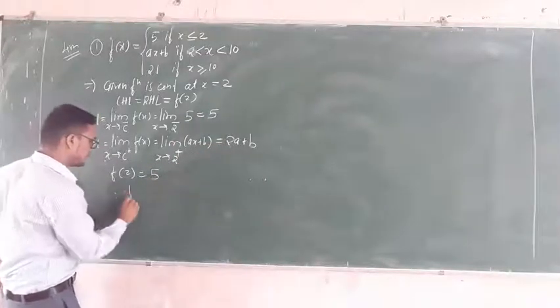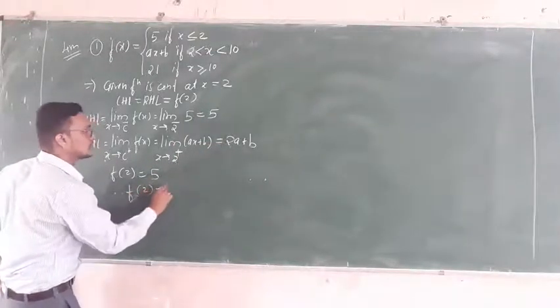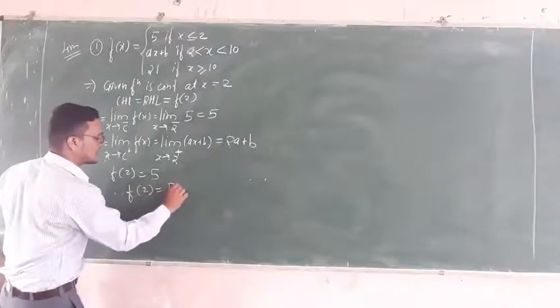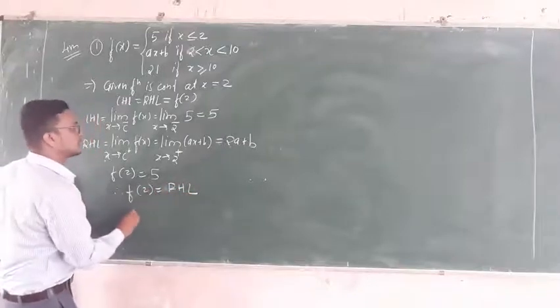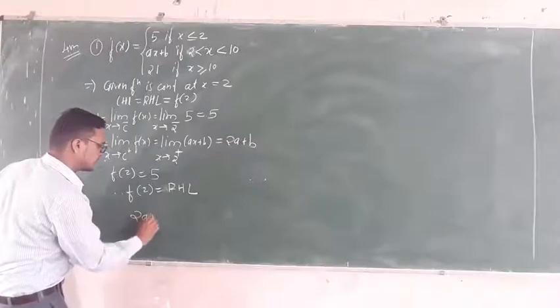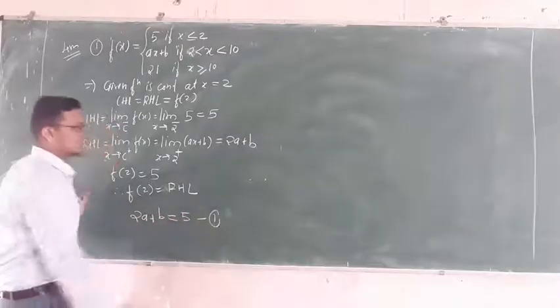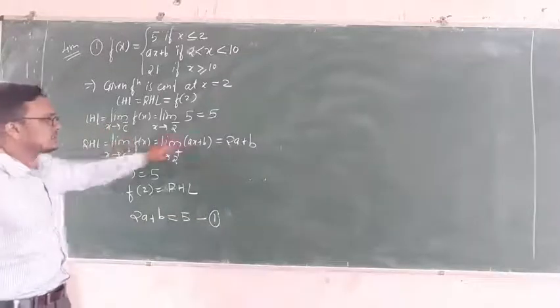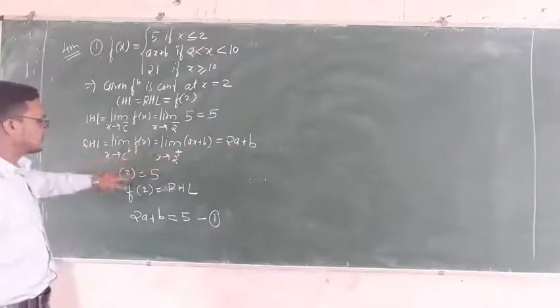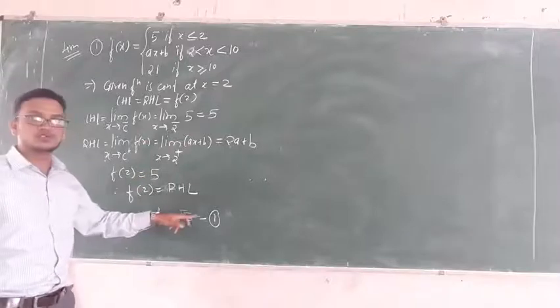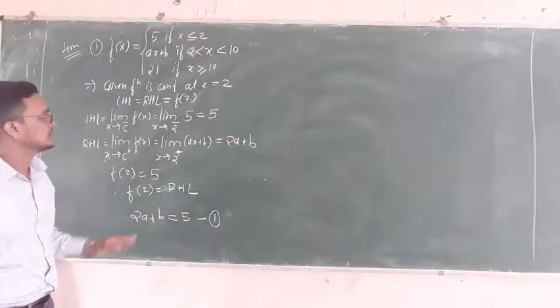Therefore f of 2 equals RHL. I'll write 2a plus b equals 5. Call this equation 1. RHL value is 2a plus b and f of 2 value is 5, that is 2a plus b equals 5. This is your first equation.